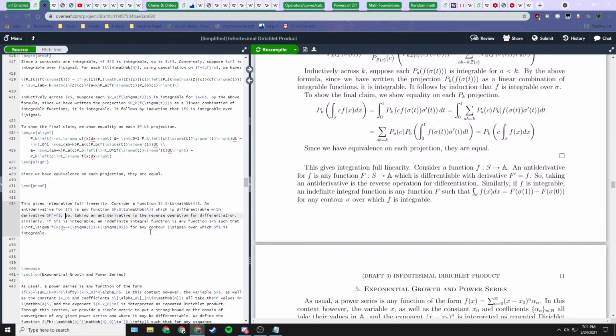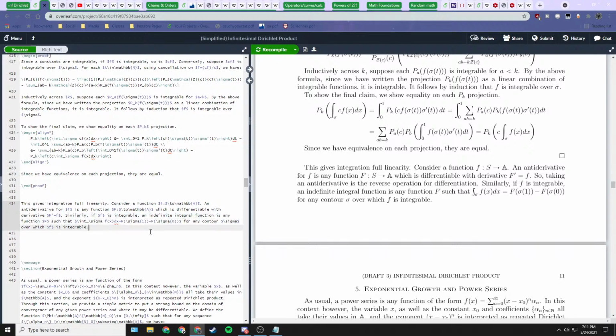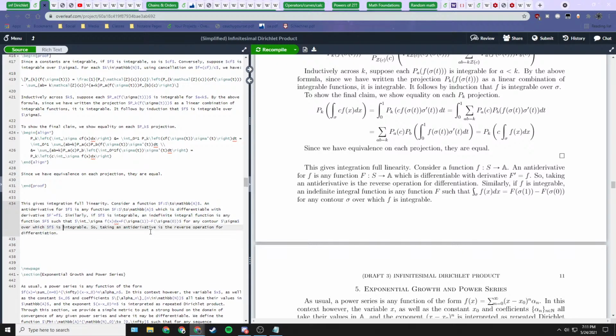So we can say taking an antiderivative is the reverse operation for differentiation, while, let me reword that.